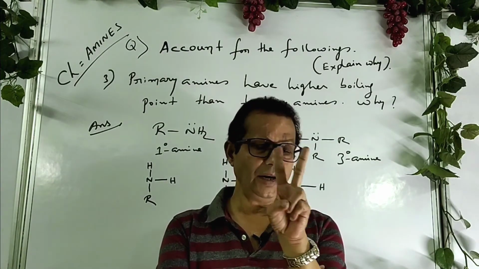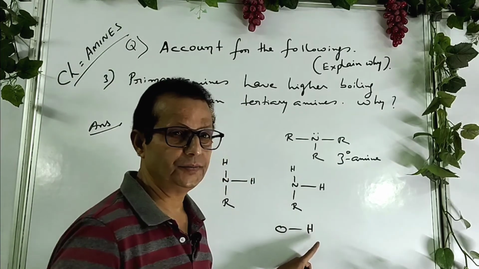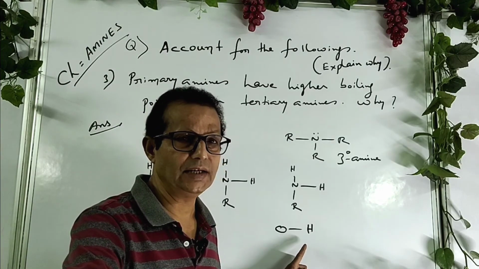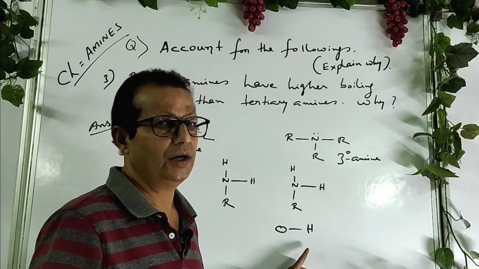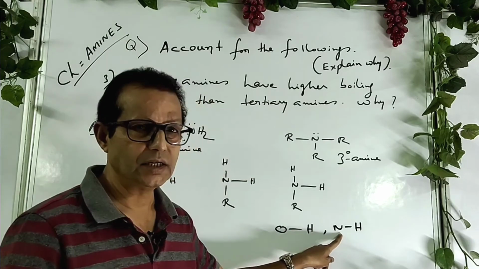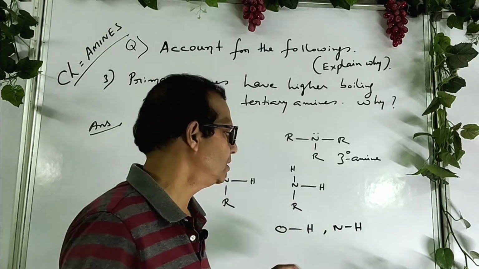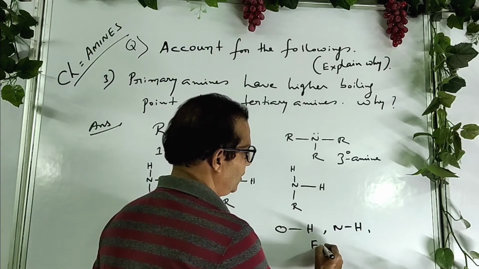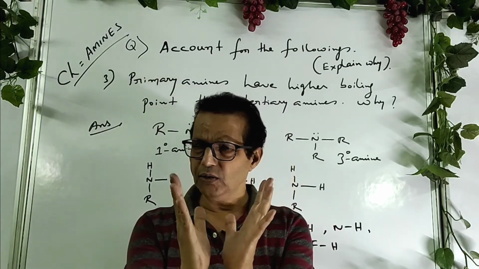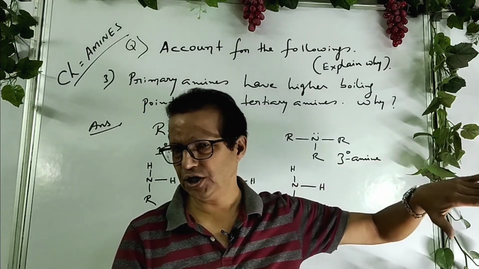Remember, if any compound contains an oxygen-hydrogen bond, such as alcohols, carboxylic acids, water, or nitrogen-hydrogen bonds, such as ammonia, primary amines, secondary amines, or a fluorine-hydrogen bond, such as hydrogen fluoride, then the molecules of the compound form a long chain by association.